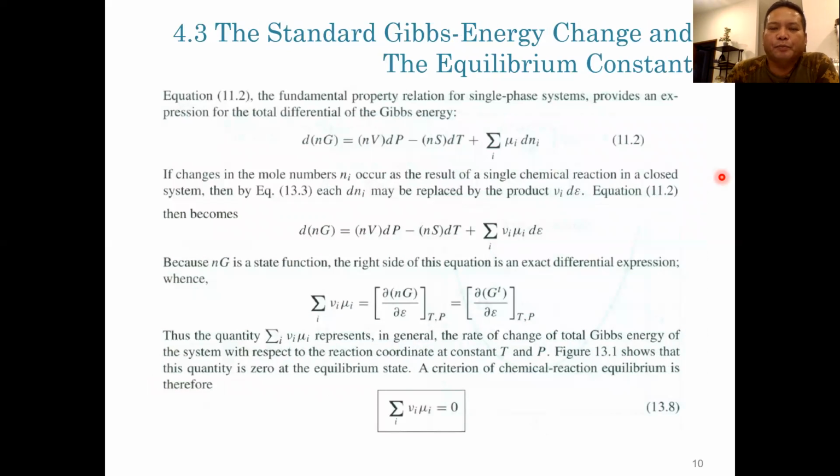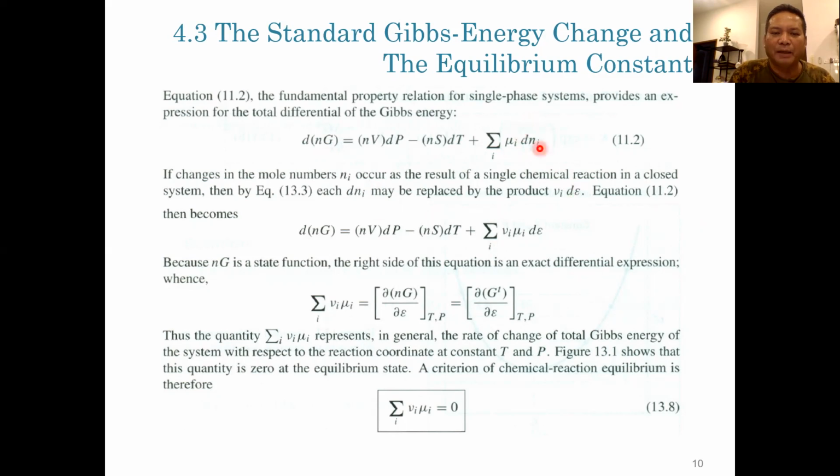If we apply the previous equation from chapter 11, the previous lecture, with G, V, S and the species chemical potential, we can replace d n_i with nu_i d epsilon here.